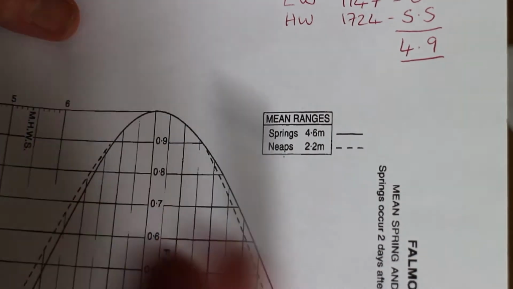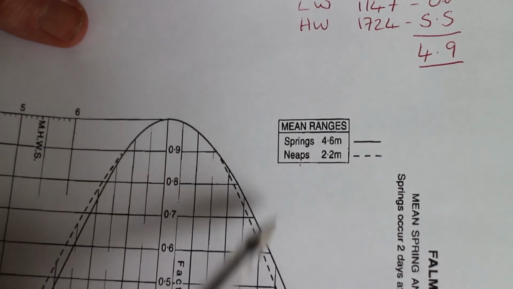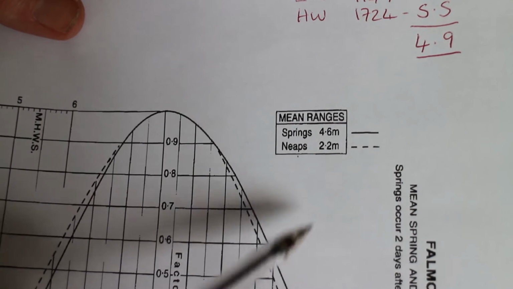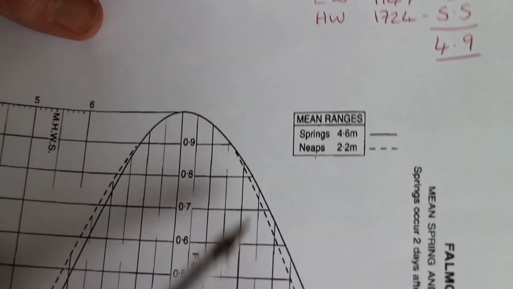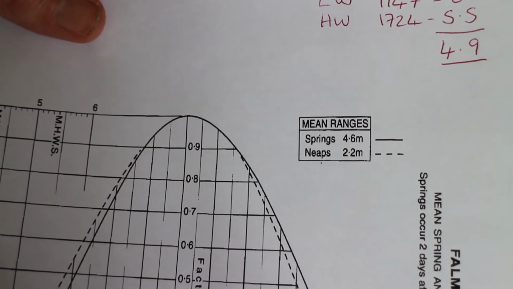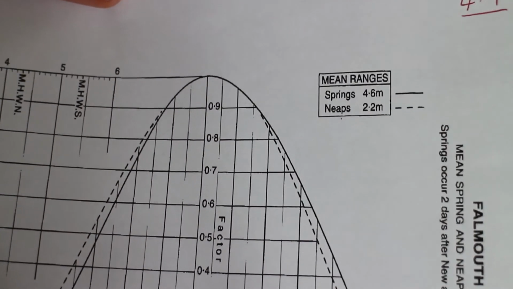We never extrapolate, so if it's greater or smaller than the limits, we would always use the dotted or the solid line. However, if it was 3.2 meters, we would go in between the solid and the dotted line and take it to a point halfway between the lines to interpolate.